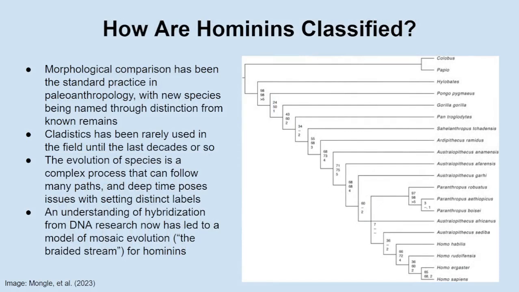Much ink has been spilled on the interrelationships of the hominin species. The standard practice of paleoanthropology has been using morphological comparison to parcel out similarities and distinctions between fossils to determine their inclusion into a species or demarcate them as a new taxon.